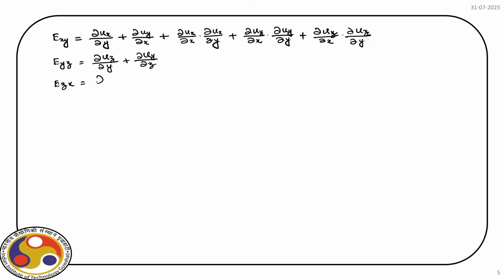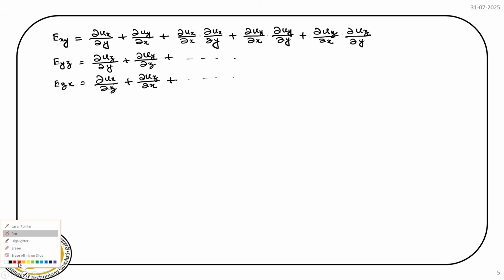Then we have u_x differentiated with respect to z plus u_z differentiated with respect to x. Plus obviously, we have higher order components which I am not writing. You can easily extend and complete that. In our class note, you will get the complete expression.